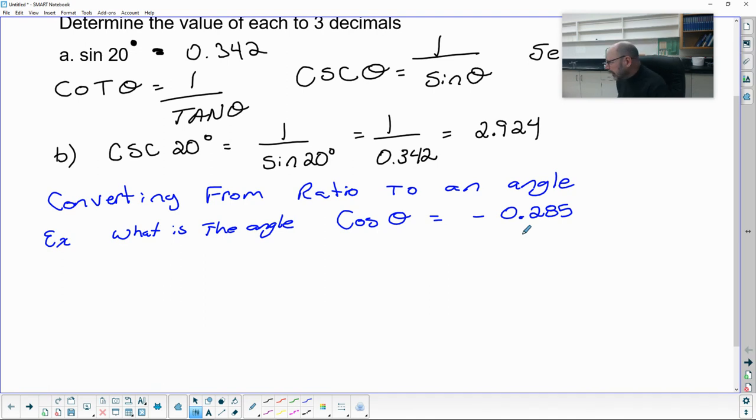The first thing is, major key: never, ever, ever use the negative sign in your inverse cosine. Never. The negative sign tells you what quadrants this is located in. So let's just do one rotation of the circle, from 0 to 360.